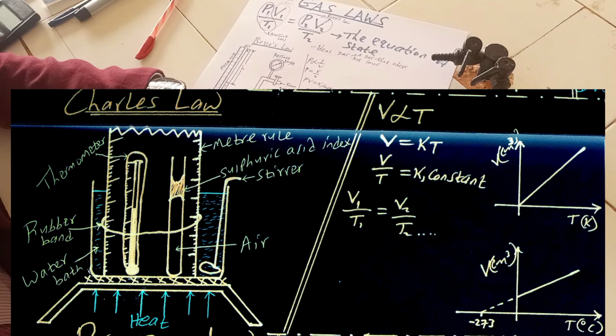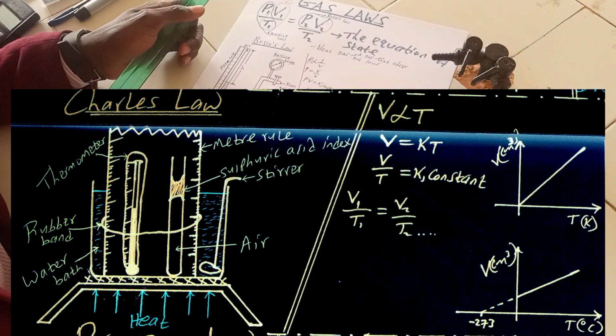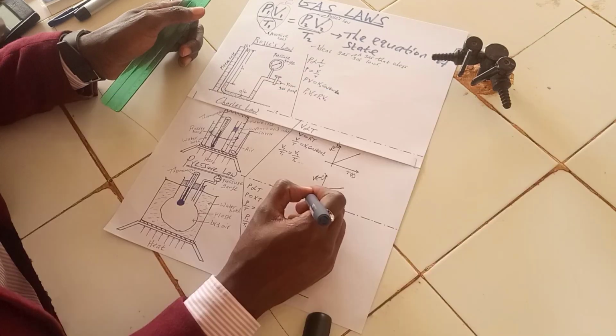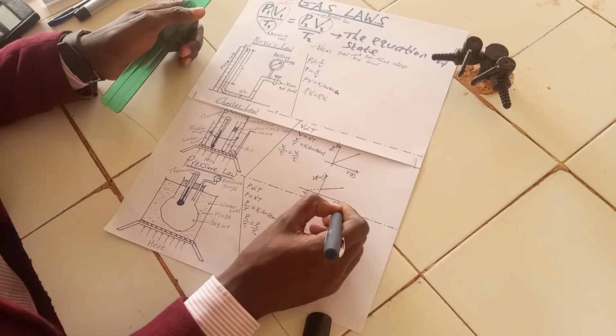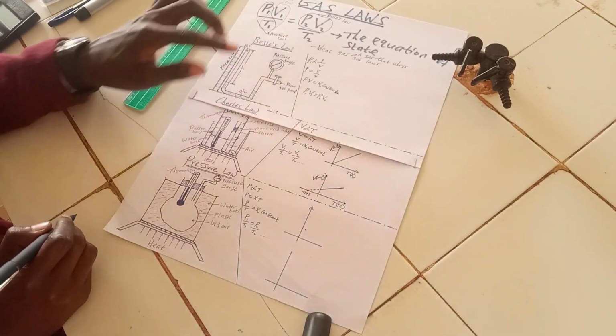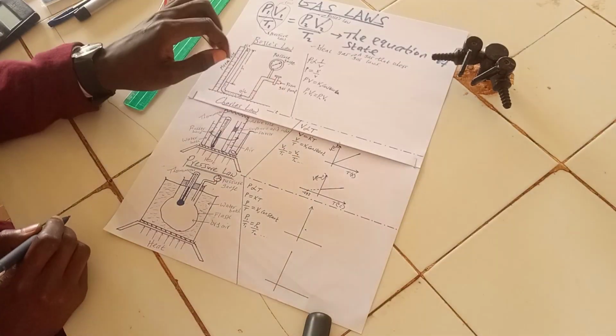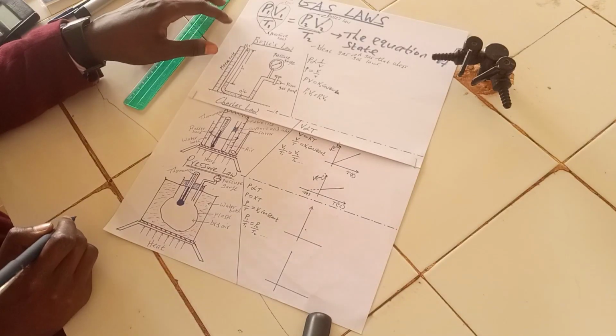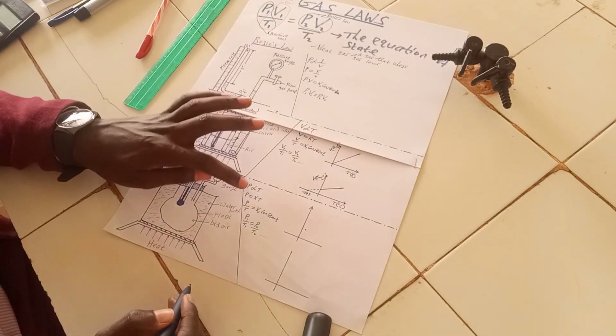Let's see how the graph looks in degrees Celsius. So this value here is negative 273 degrees Celsius. So the graph is a straight line with a positive gradient, but it will pass all the way to negative 273. Let's look at now pressure against temperature.